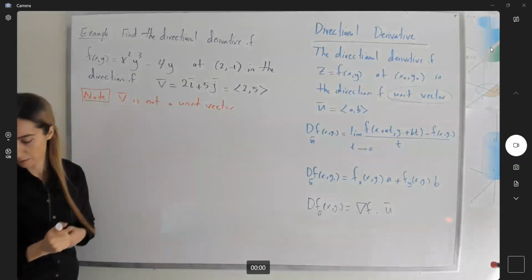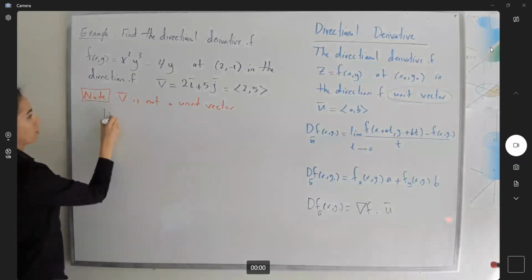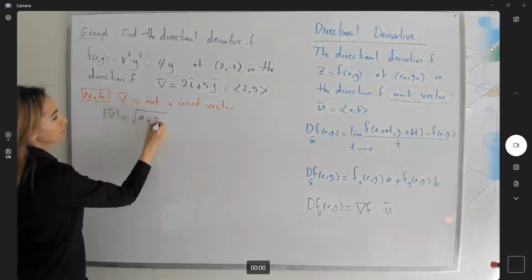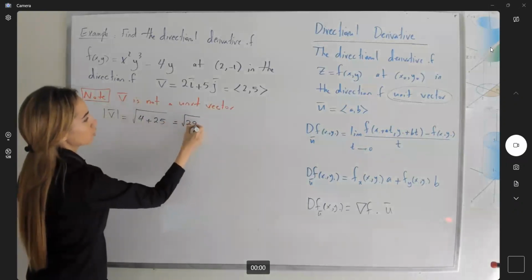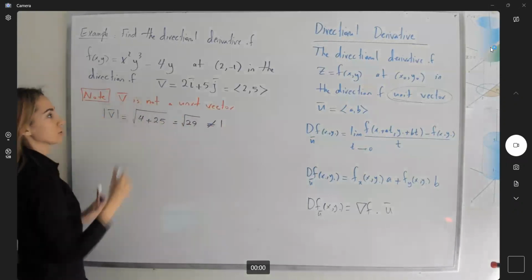Why? Because its magnitude is not 1. The magnitude of vector v is equal to the square root of 4 plus 25, which is the square root of 29, and it's not 1, right? So it's not a unit vector.